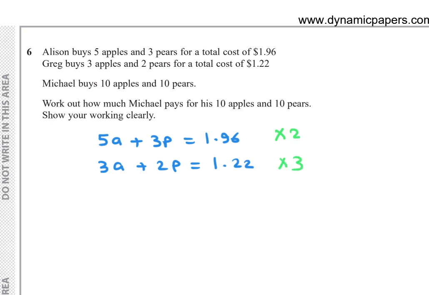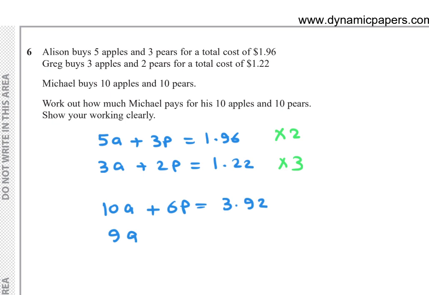So 5 times 2, 10, so 10A. 3 times 2 equals 6B. 1.96 times 2 equals 3.92. Now multiply the second equation by 3. 3A times 3 equals 9A.